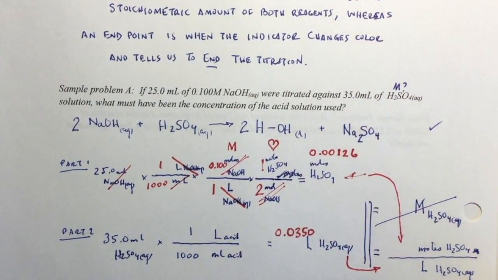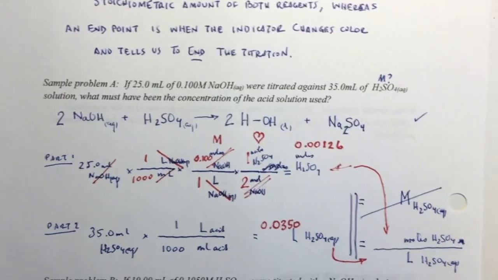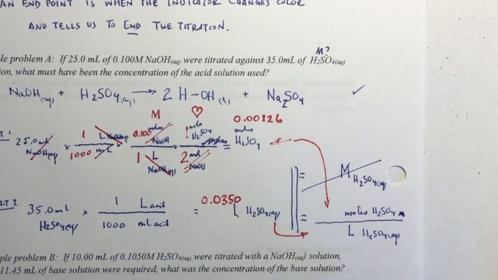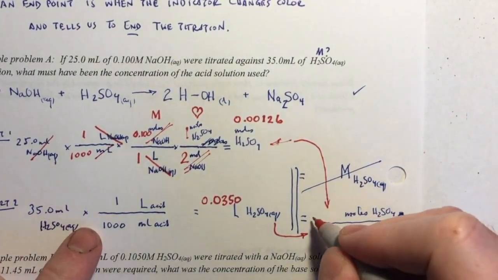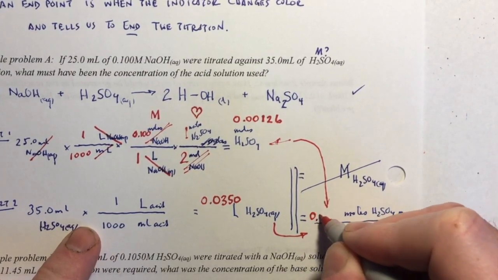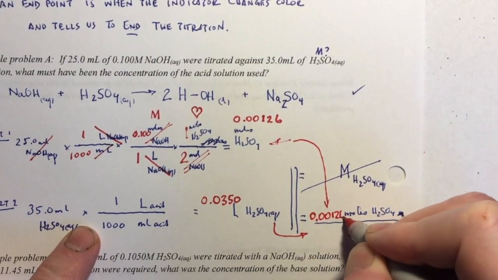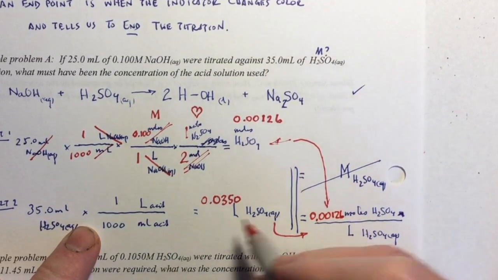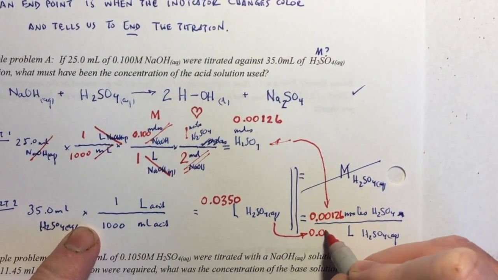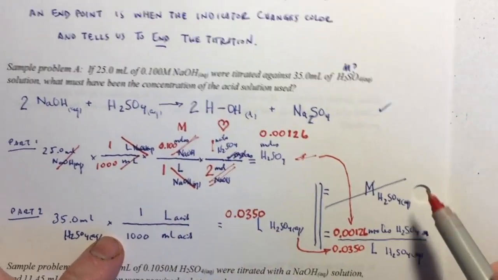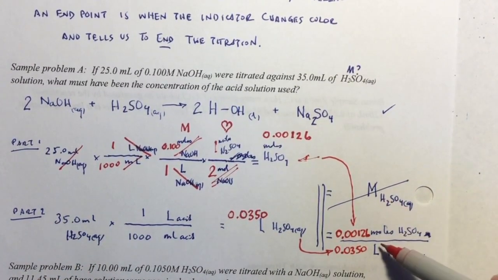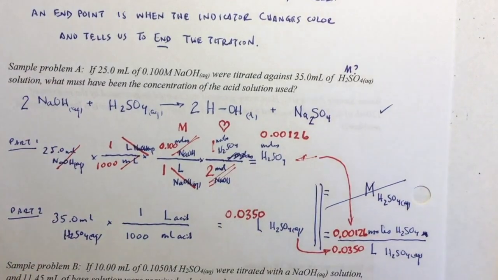So now I have the numbers that I'm going to plug in here. I can do that. So this is 0.00126, and this is 0.0350. Because molarity is the number of moles of solute per liters of solution. So that's what I've gotten.